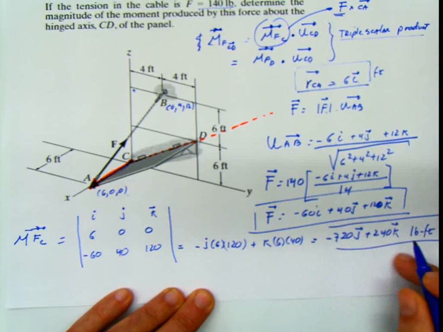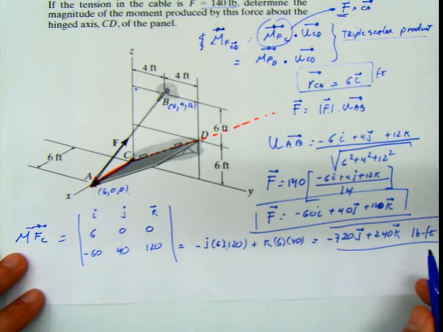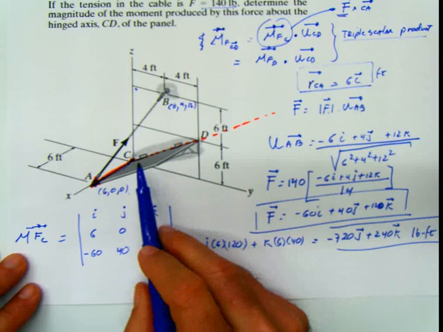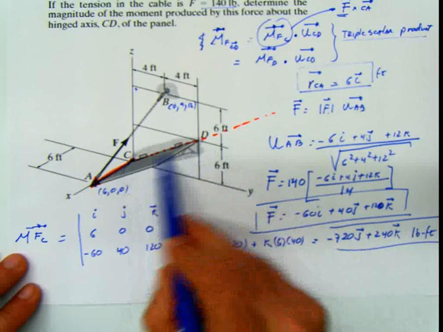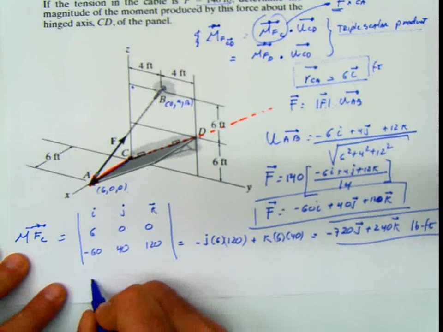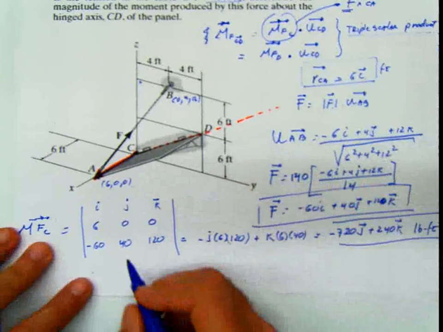This is the moment of the force with respect to the point, but it's still not the moment with respect to the axis. For that, for the moment with respect to the axis, I need first of all the unit vector in the axis. The unit vector in that axis is going to be basically the position vector CD.